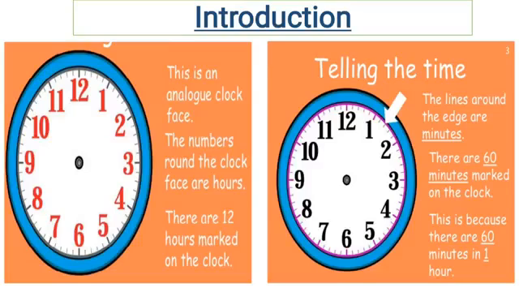Now the lines around the edge are minutes. These small lines that you see are the minutes, and there are 60 minutes marked on the clock. This is because there are 60 minutes in 1 hour.